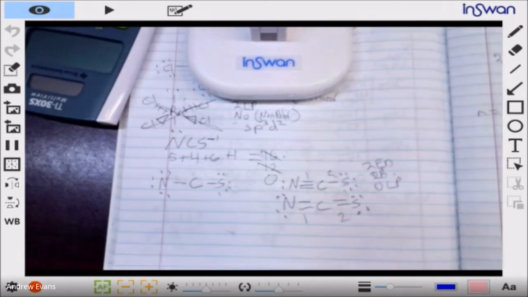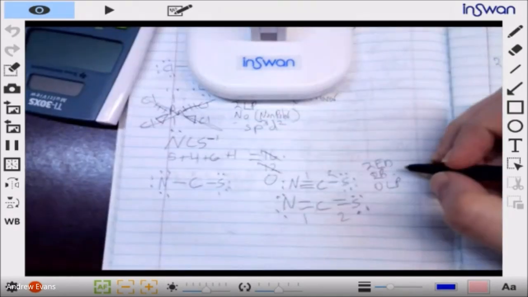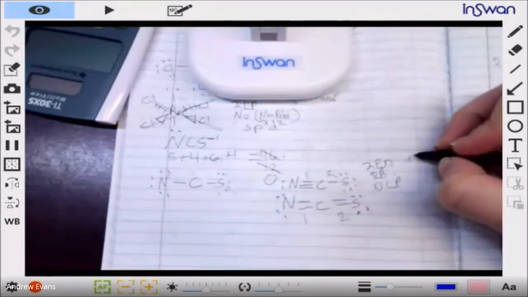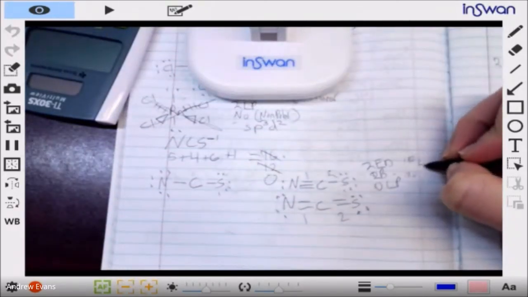It doesn't matter how you make these double bonds, you will get the same VSEPR model. It doesn't matter where you put the formal charges, or if you put formal charges, the VSEPR model should stay the same. So it's linear. It's 180, it's 180. It's linear in both cases.